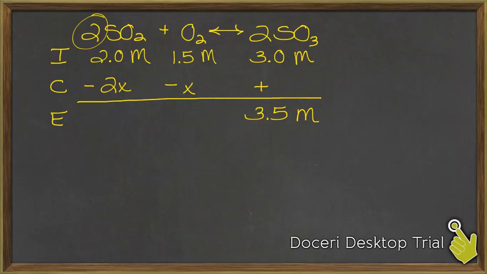However much oxygen is going to decrease, SO2 is going to decrease by twice that amount. And then over on the product side, SO3 is going to increase by 2x.